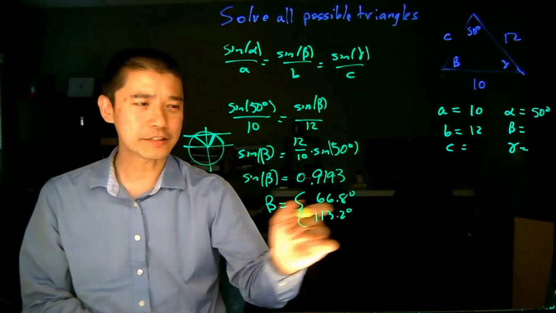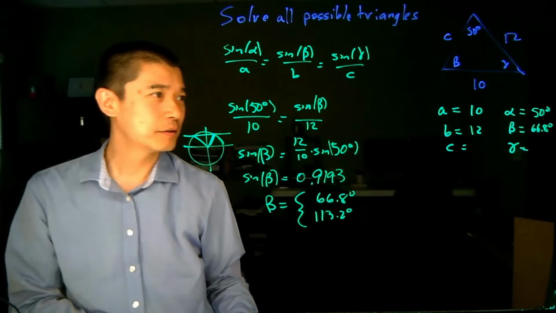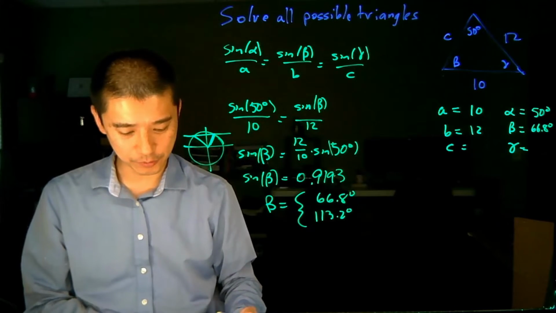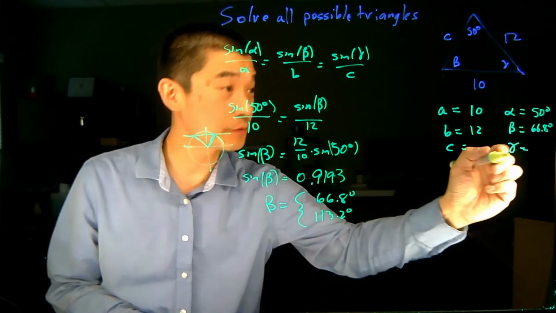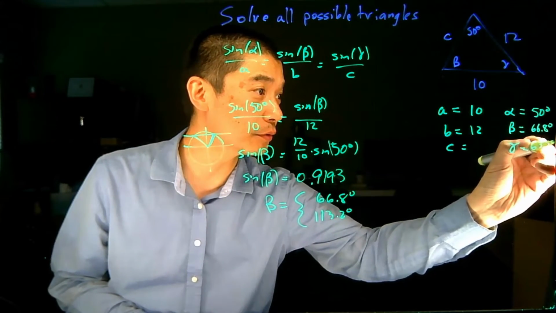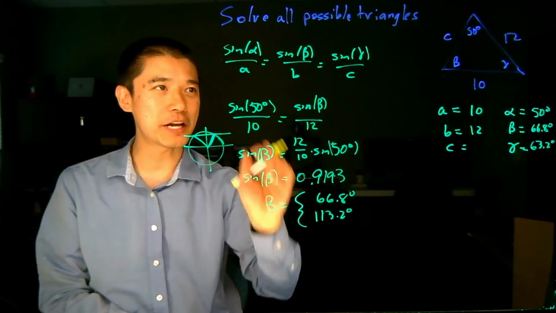We'll look at the first case, the 66.8 case, first. So we have 2 out of the 3 angles. So in order for us to get the third angle, we have to do 180 minus those 2 values, which ends up getting us 63.2 degrees. And then to get C, we once again have to set up another law of sines calculation.